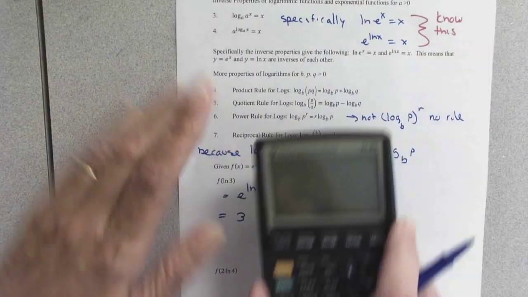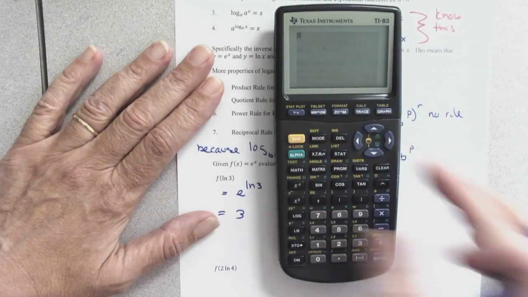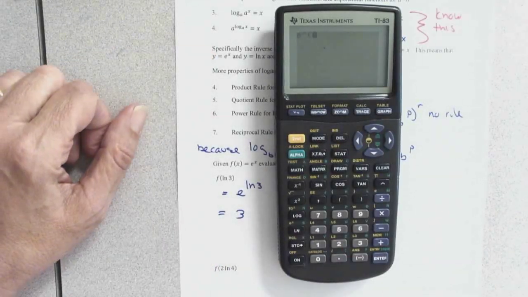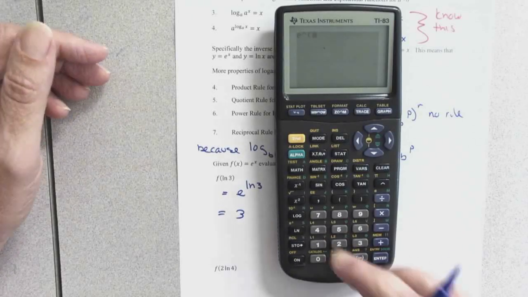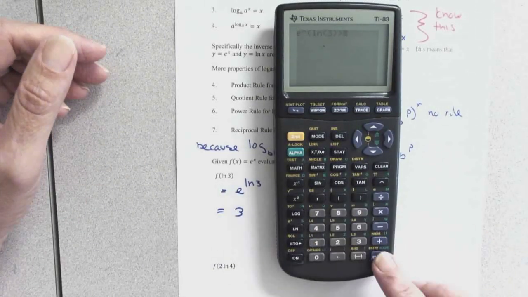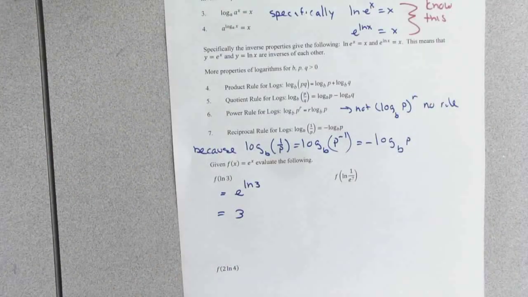Honestly, your calculator will know that too. Hit enter and we get 3. But memorize that e's and natural logs are inverses, so when I apply them both, they undo.